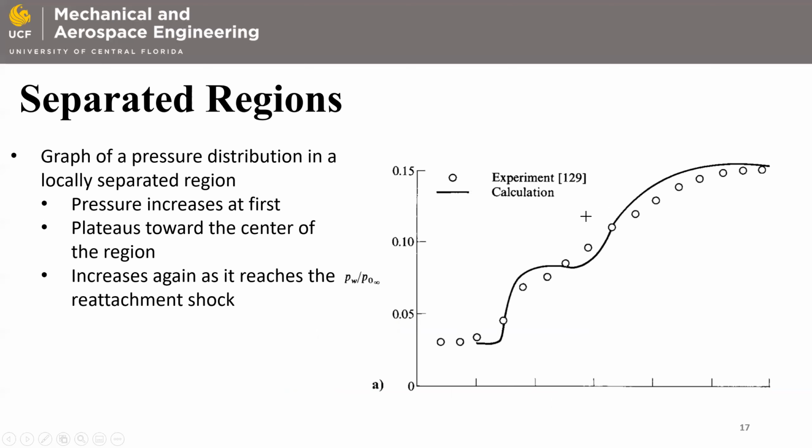They've graphed the pressure distribution inside of that locally separated area to find that the pressure increased at first, and then toward the center of that locally separated area, it plateaued a little bit. And then as it reached the reattachment shock, it started increasing again.